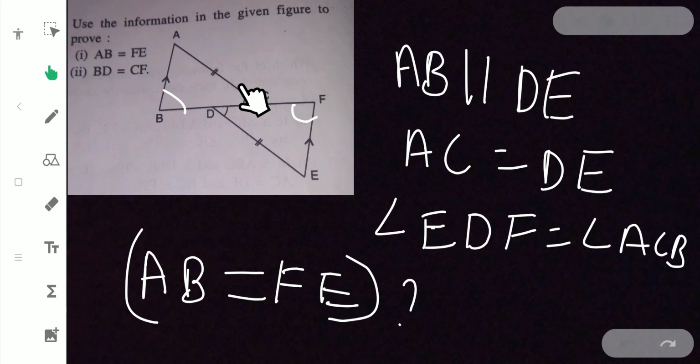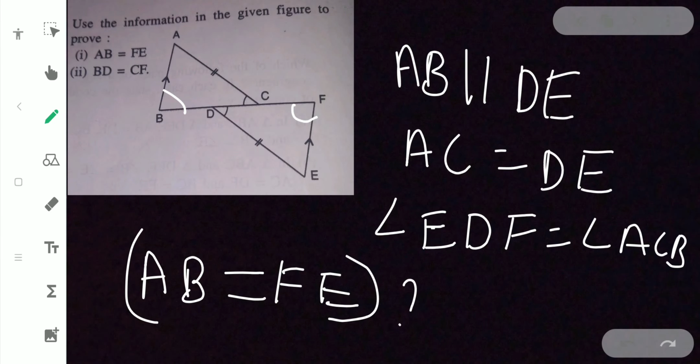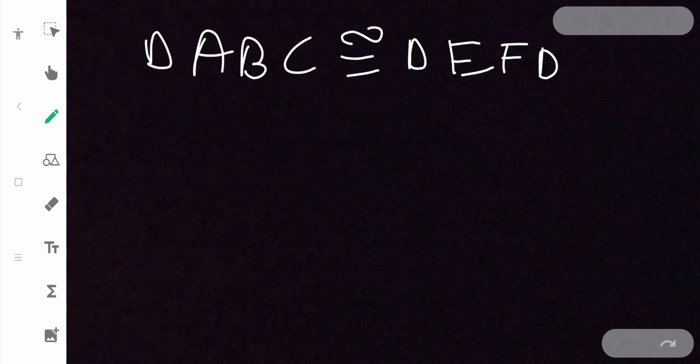And last we are having angle C, angle D, so it should come last. Angle ABC is equal to angle EFD. Triangle ABC is congruent to triangle EFD, and that is by AAS.